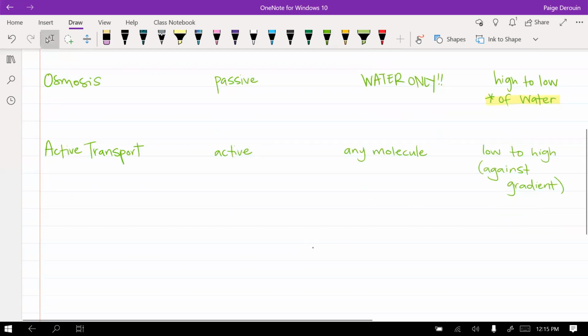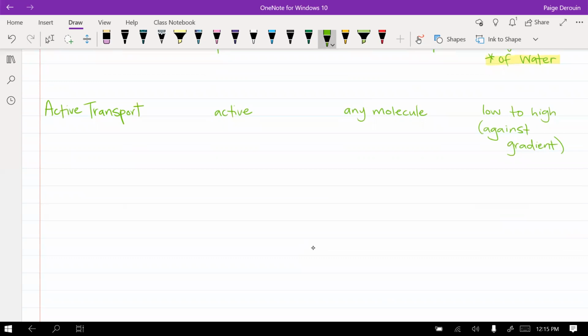And then the last one, we're going to stick endo and exocytosis together. So endo / exo cytosis, we just said was active. And this is going to be giant things or big groups of things.